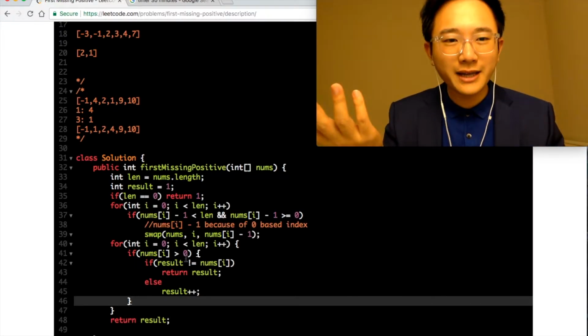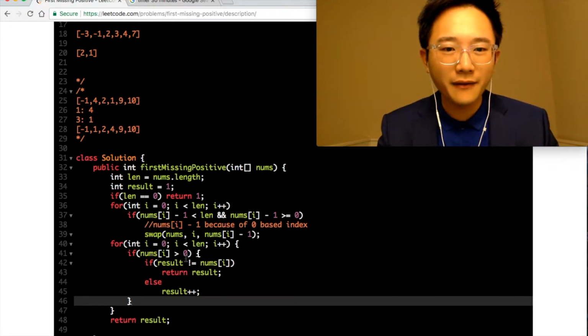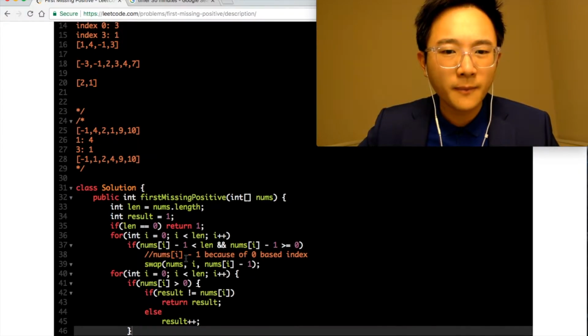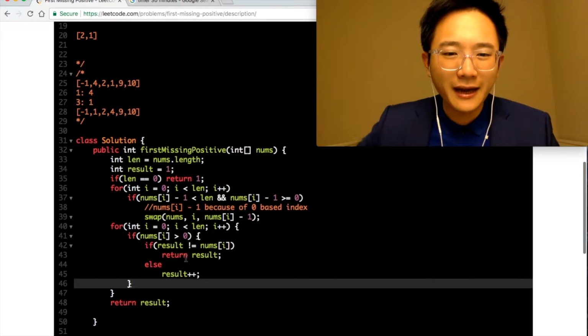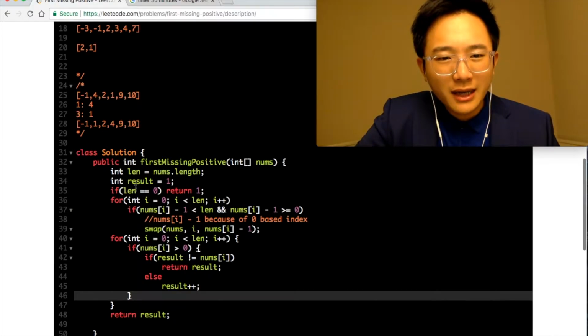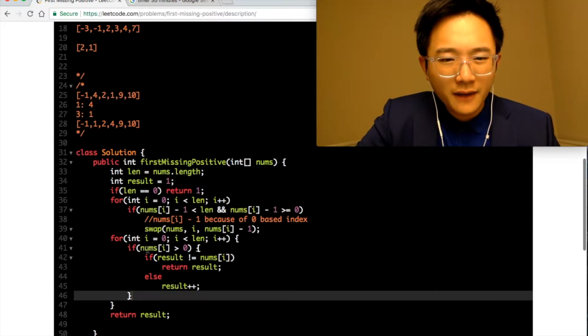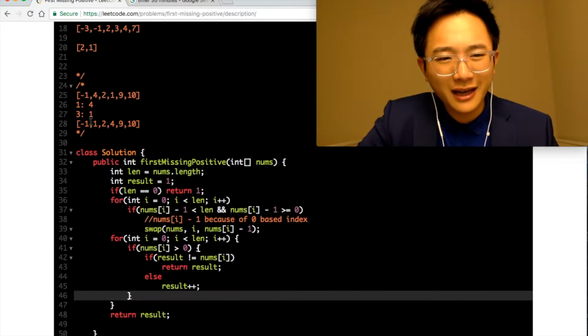So I don't understand. I obviously have the result is 1, and then at this current position, this is larger than 0, that's perfect.